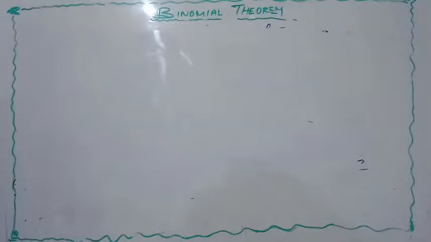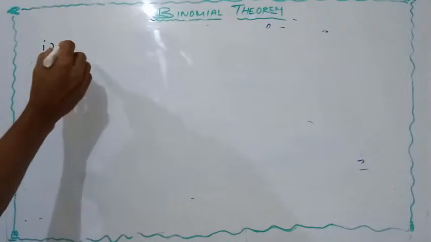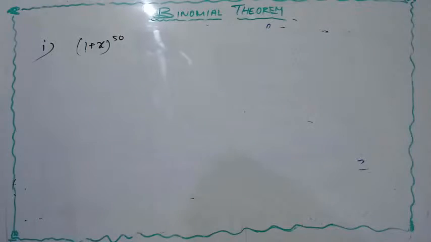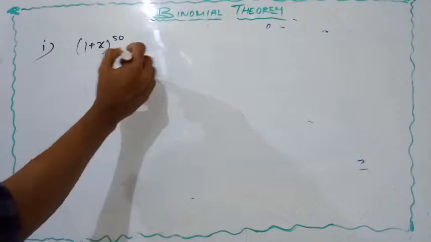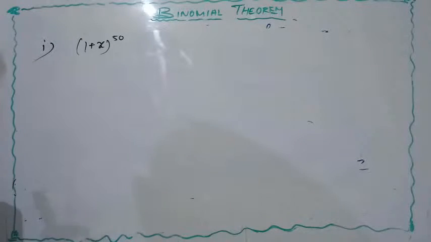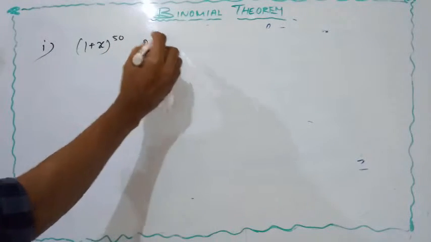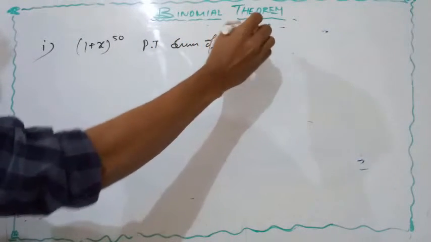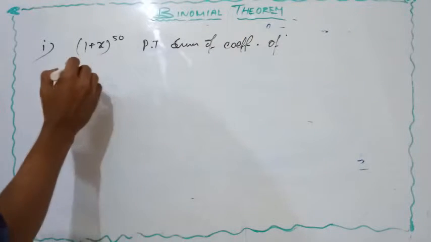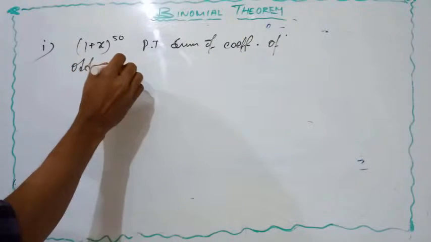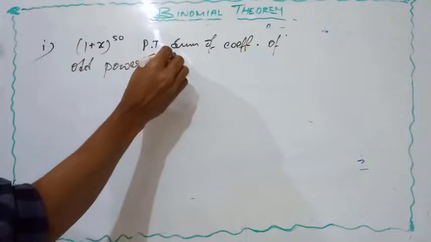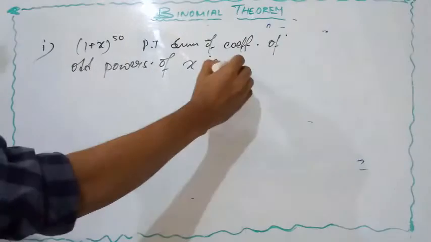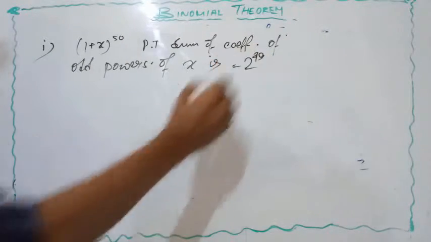Suppose question is given. Question 1: in the expansion of (1 plus x) whole to the 50, prove that the sum of coefficients of odd powers of x is equal to 2 to the power 49.